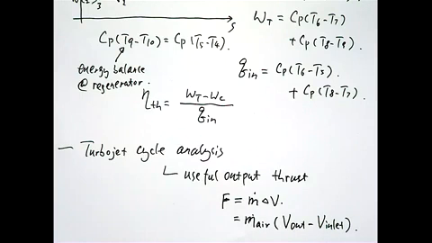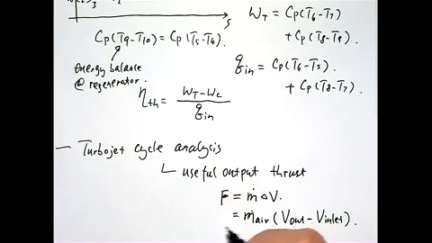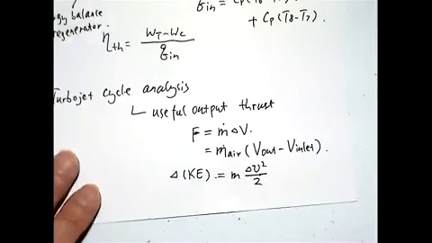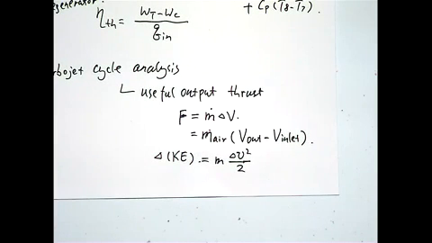In terms of energy form, that's the kinetic energy, delta KE, right? And delta KE can be written as m delta V square divided by 2.